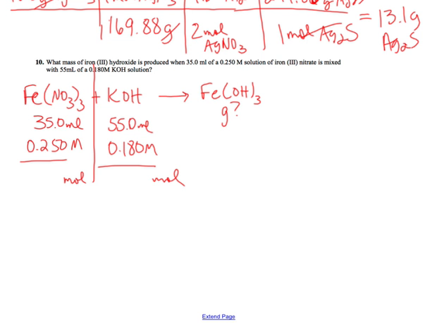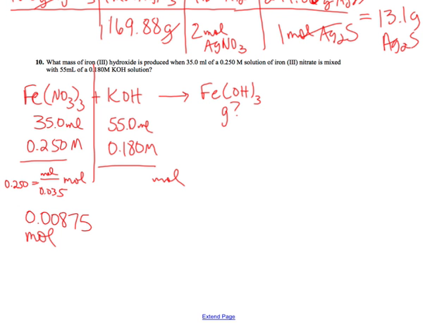So how do I get moles from liters and molarity? Molarity is equal to what? Moles per liter. And what's 35 mils in liters? 0.035. So 0.035 times 0.250, that's going to give me moles, which is how many moles? 0.00875 moles of this guy.